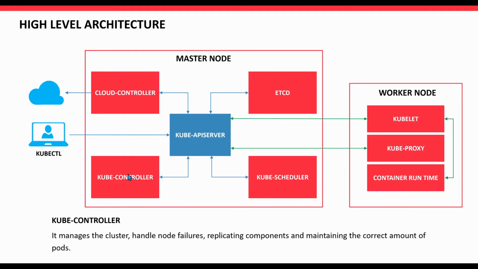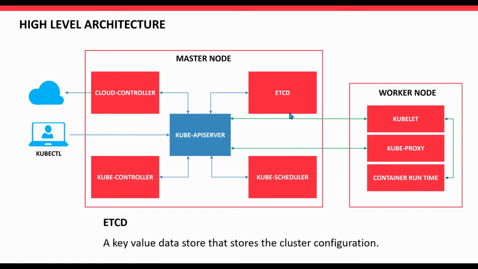Kube controller manages the cluster to the desired state. It handles node failure, replicating components, and maintaining the correct number of pods. etcd is the brain of the Kubernetes environment. It stores the complete cluster configuration in its key value pair database system.